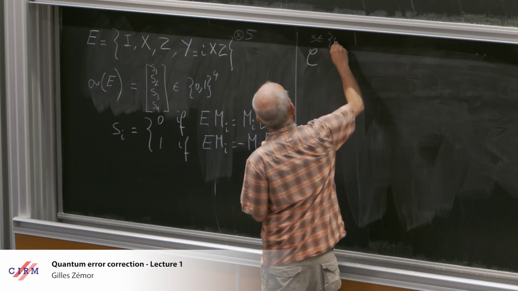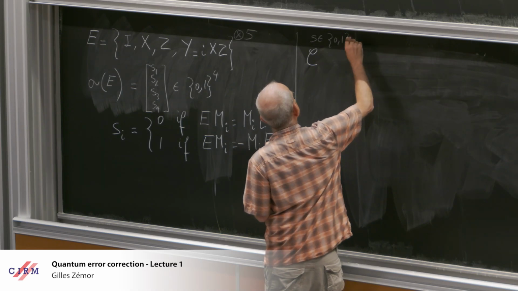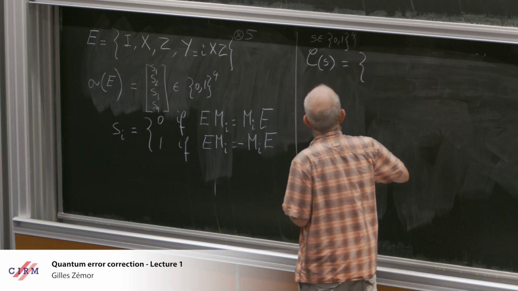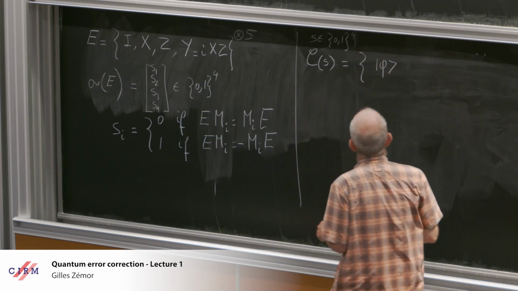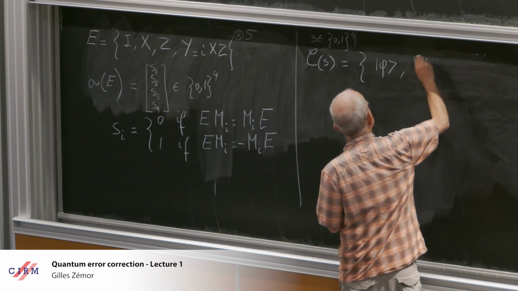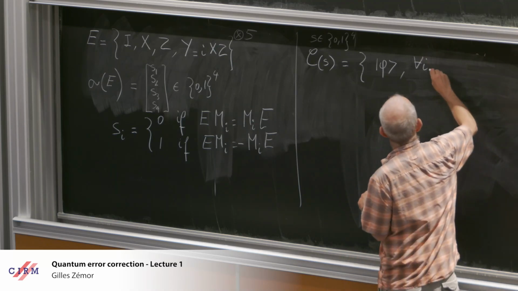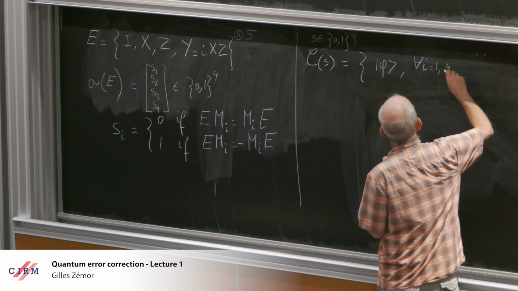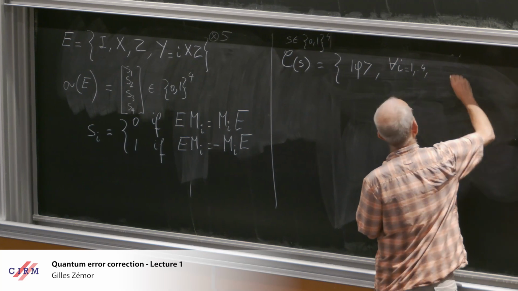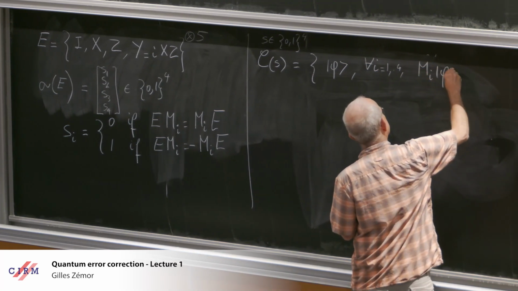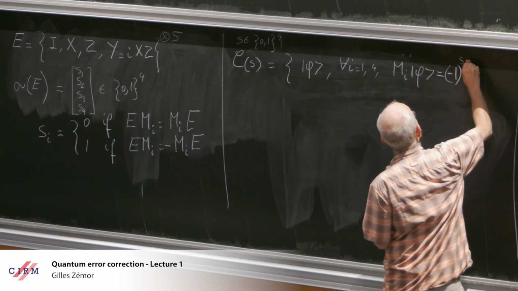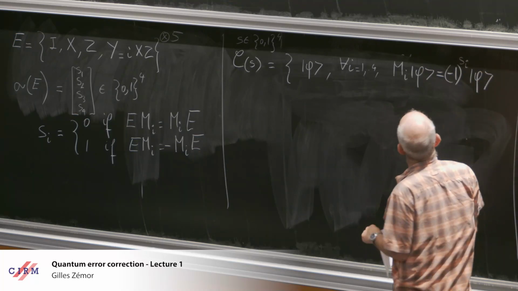So for S in {0,1}^4, let me define CS to be those states phi such that for any i equals 1, 2, 3, or 4, Mi times phi equals (-1) to the power Si times phi. I hope this is readable.